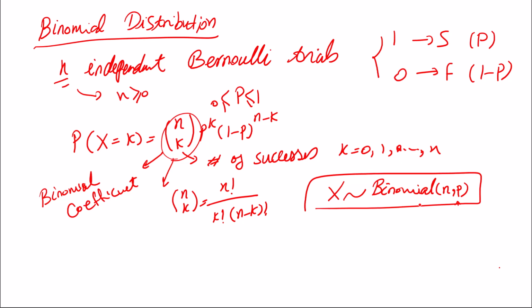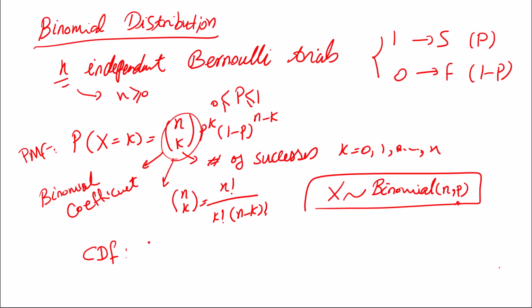Next, we go for the cumulative distribution function, or CDF. So this was the PMF. The CDF for a binomial random variable X is defined as the probability that X is less than or equal to a specific value x.